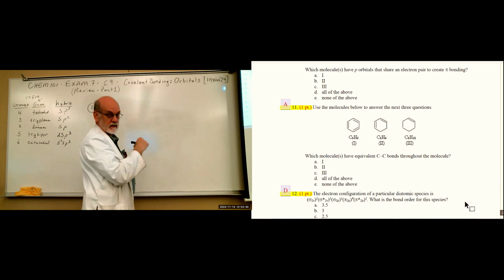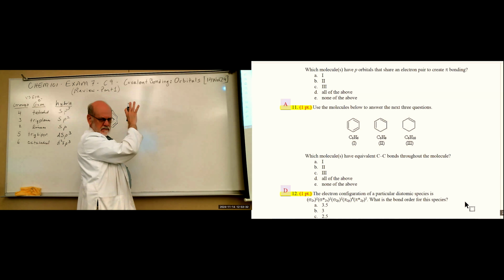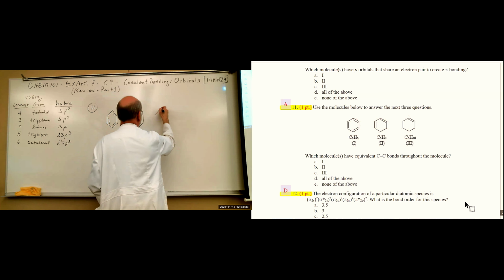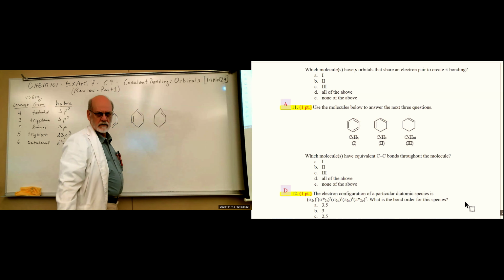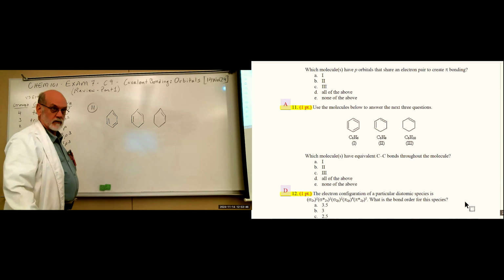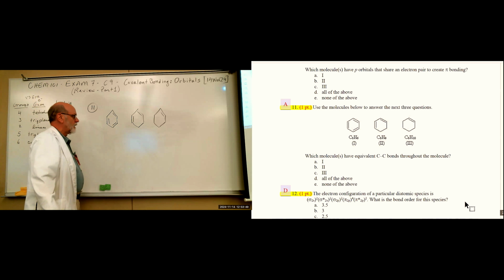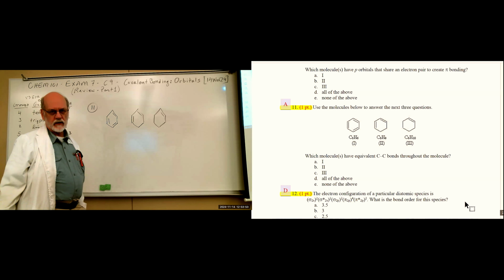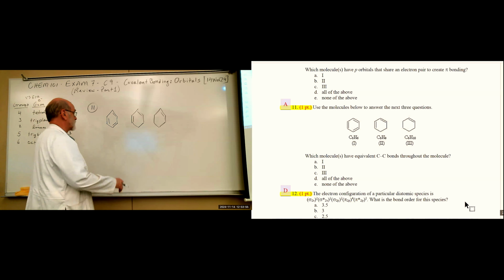And then the second one is here, and here, right? And the third one is over here. Okay, those are all real molecules. But which ones have all equivalent carbon-to-carbon bonds?